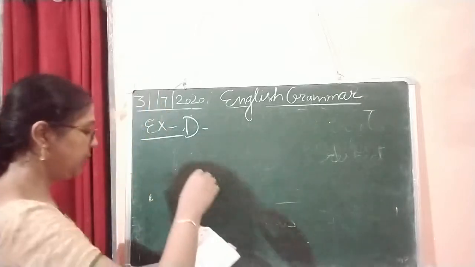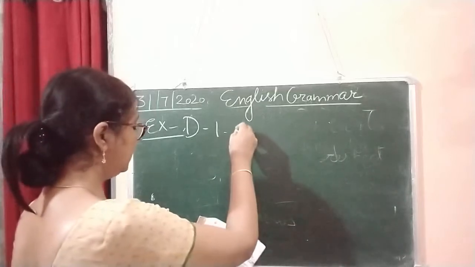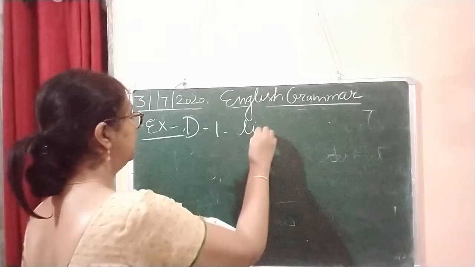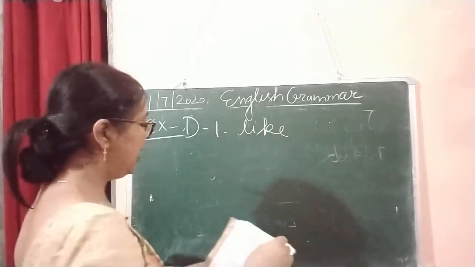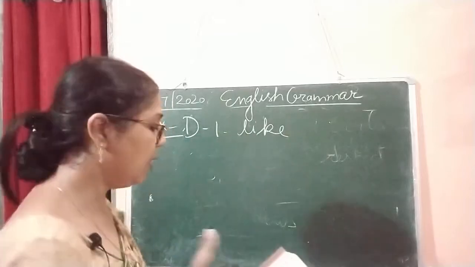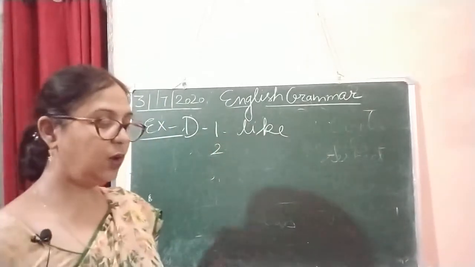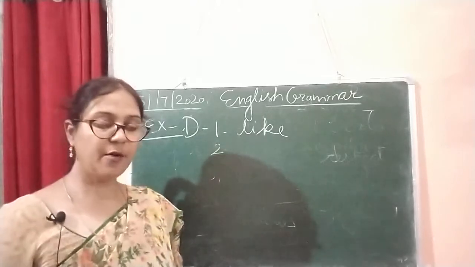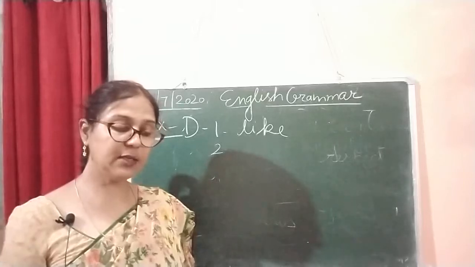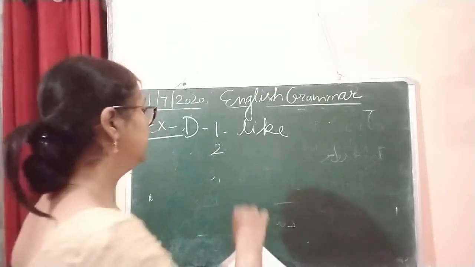Now here we are going to write first, the students like reading fables. Now second, planets of the solar system dash round the sun. So planets of the solar system revolve around the sun.